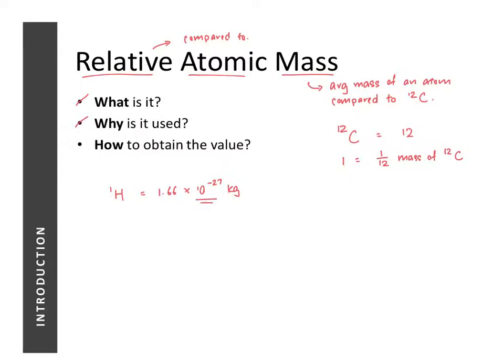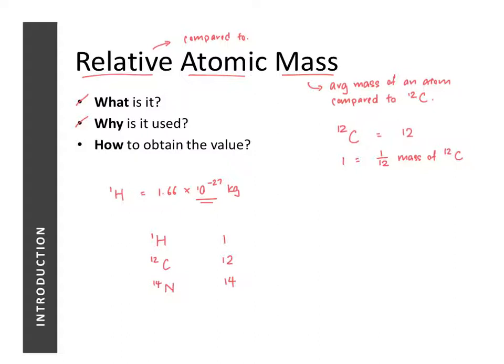However, if we compare to the carbon-12 atom using the standard that the scientists came up with, we can straight away say that a hydrogen atom has a mass of 1 unit, a carbon atom has a mass of 12 units, a nitrogen atom has a mass of 14 units. So by using relative atomic masses, by comparing the masses of atoms to the carbon-12 atom, the values that we get are so much easier to handle.